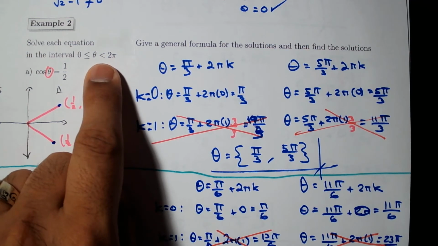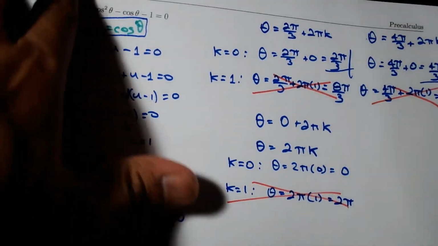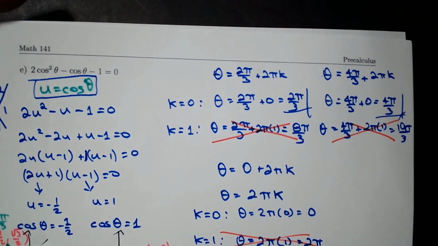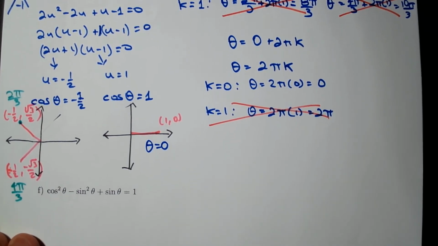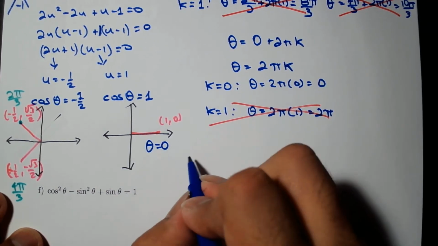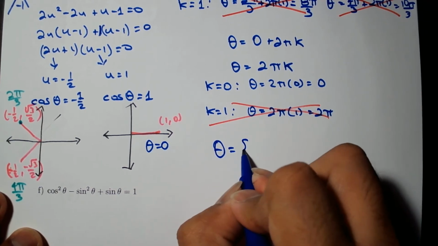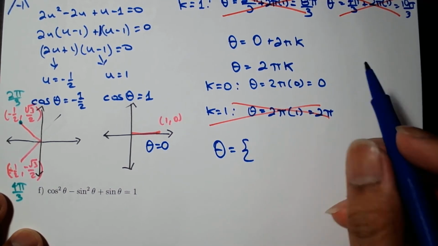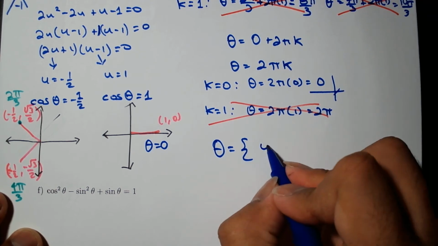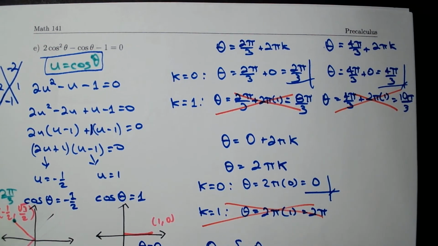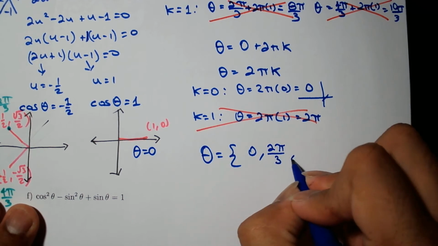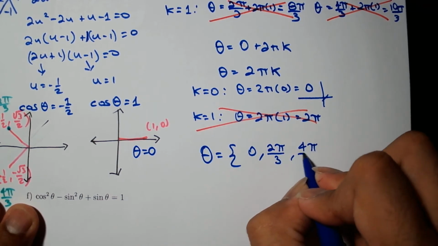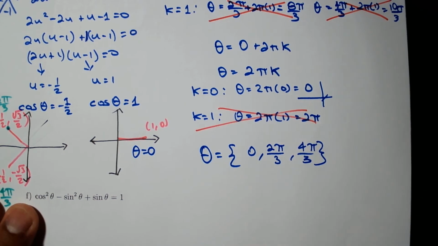It's exclusive, non-inclusive for this type of question. So our solution set over here, theta equals, open brackets, from smaller to larger, 0, 2 pi over 3, and 4 pi over 3. Final answer.